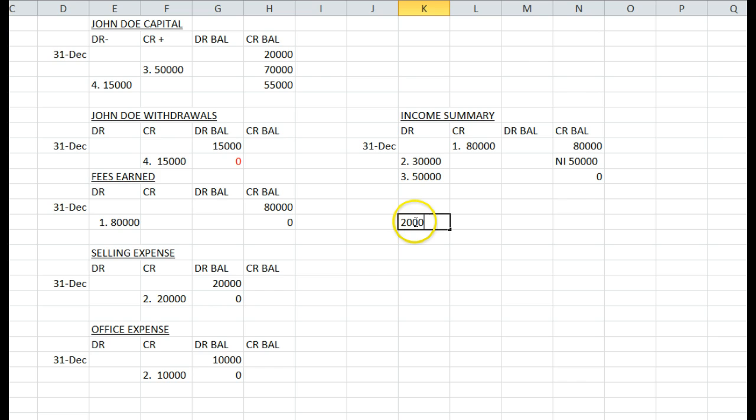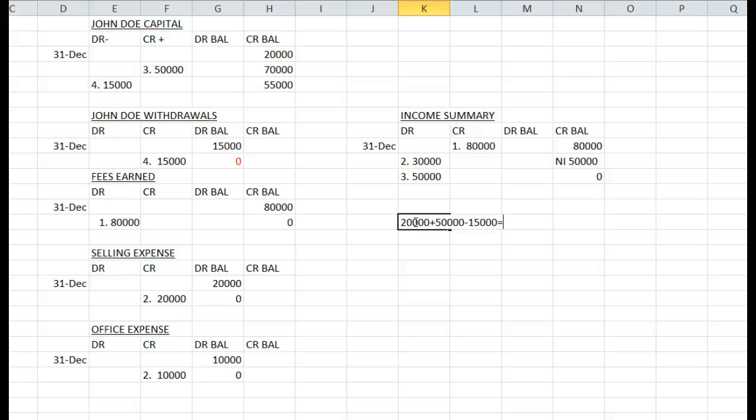If you had a beginning balance of $20,000 in the owner's equity account and you add $50,000 of profit, you could get a subtotal if you wanted, which you can see right in the account. But I'll just take out the 15. And if I take the 15 out, what do you know?